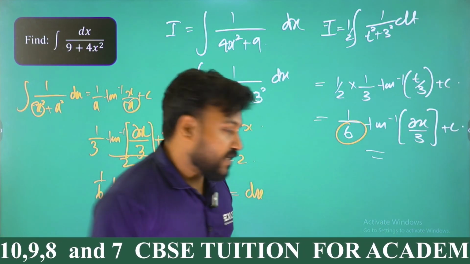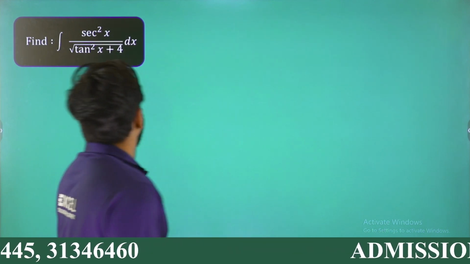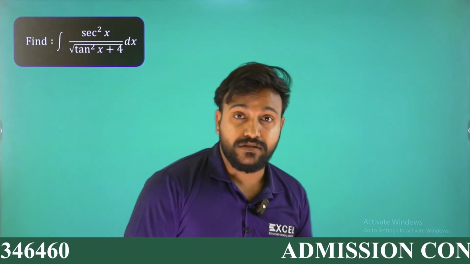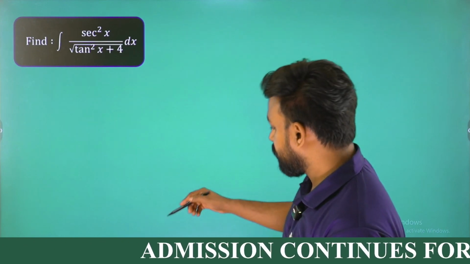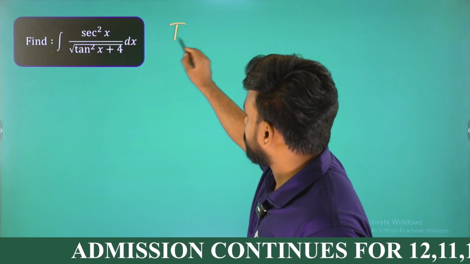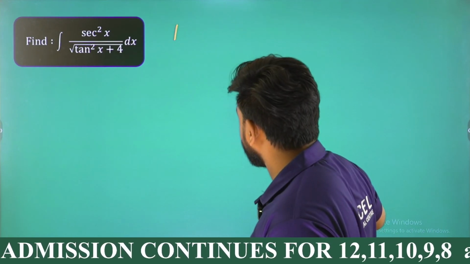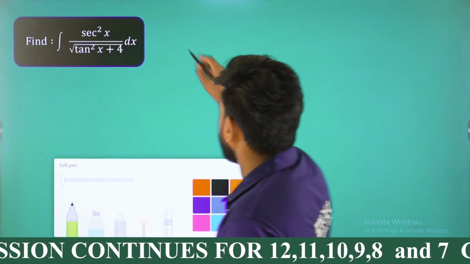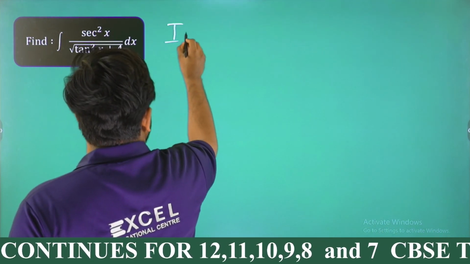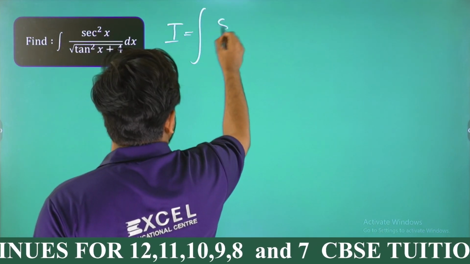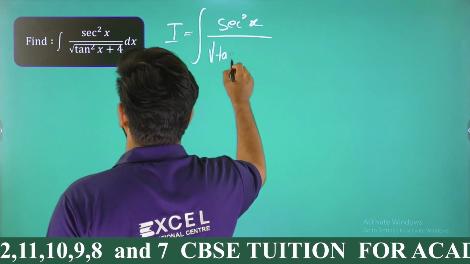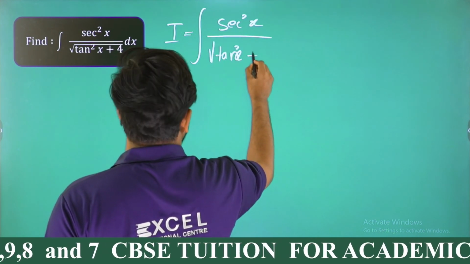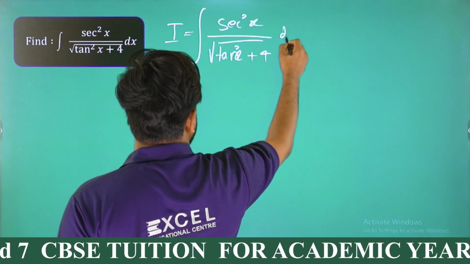So we can go for the next question. This is also a question that uses the 3 plus 3 equations, with substitution together. The question is: I is equal to integral sec square x by root of tan square x plus 4 dx.